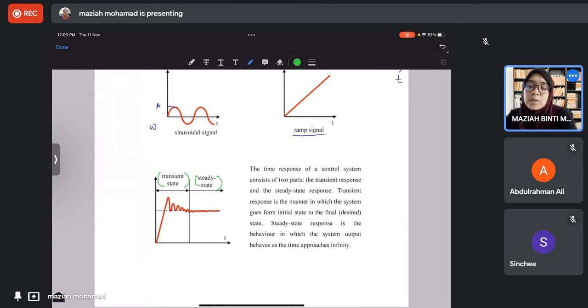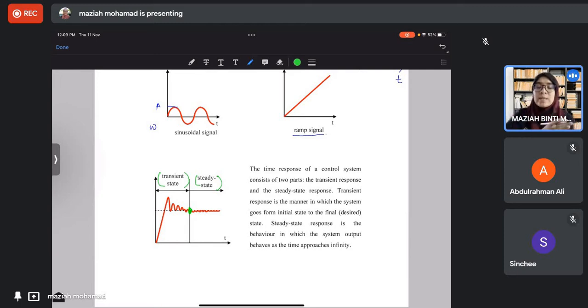Transient state represents a region when we apply this input signal. When we apply the input signal, the output signal will also change, but it will take some time before it reaches steady state. So here is when it is reaching the steady state.